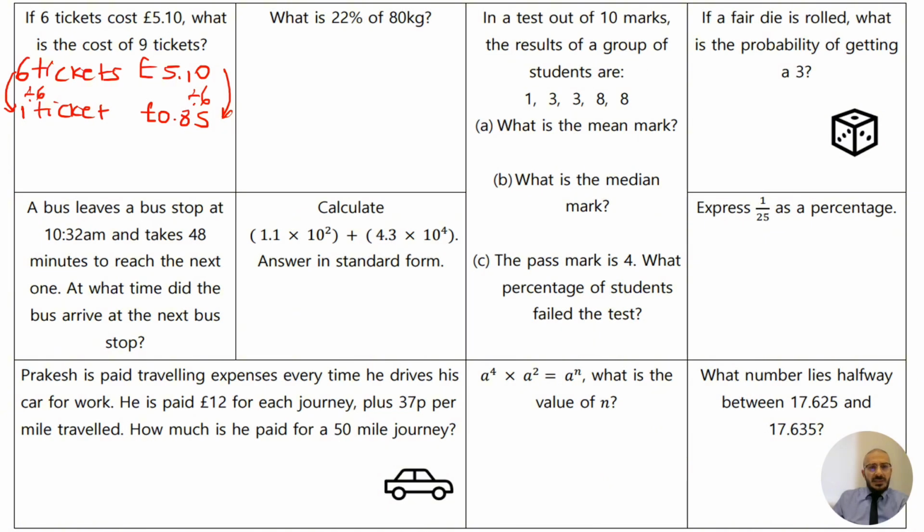So from 1 ticket to 9 tickets, we times this by 9, and when I type it on my calculator, it's going to give me £7.65 as my final answer.